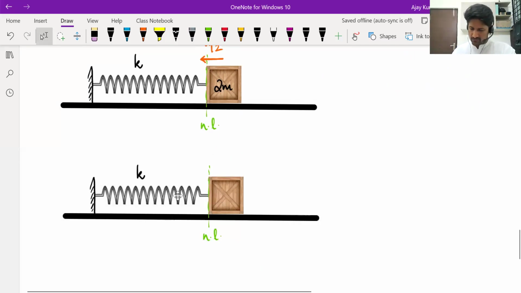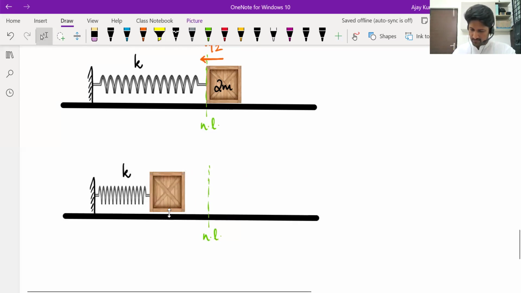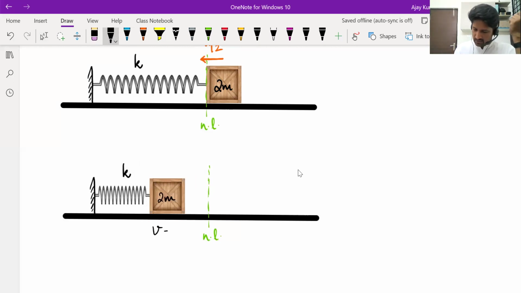As the spring gets compressed, 2M loses that speed. It slows down, stops somewhere. Where it stops is what you are asked to find out. So 2M's velocity is now becoming 0. The compression in the spring is what we need to calculate.